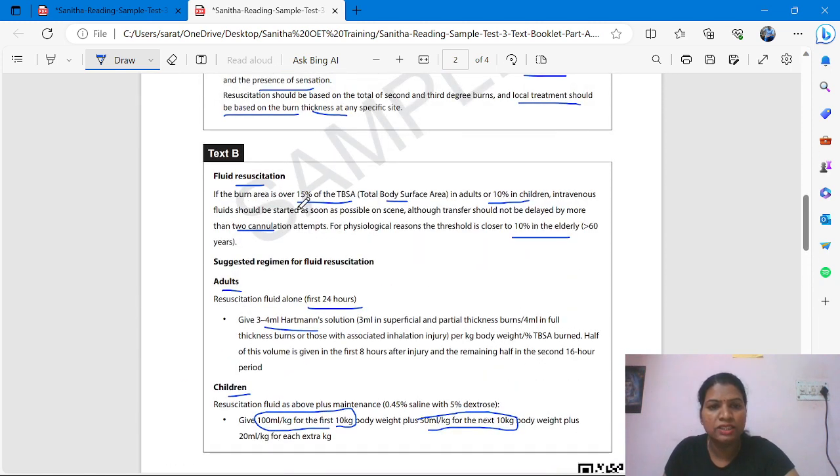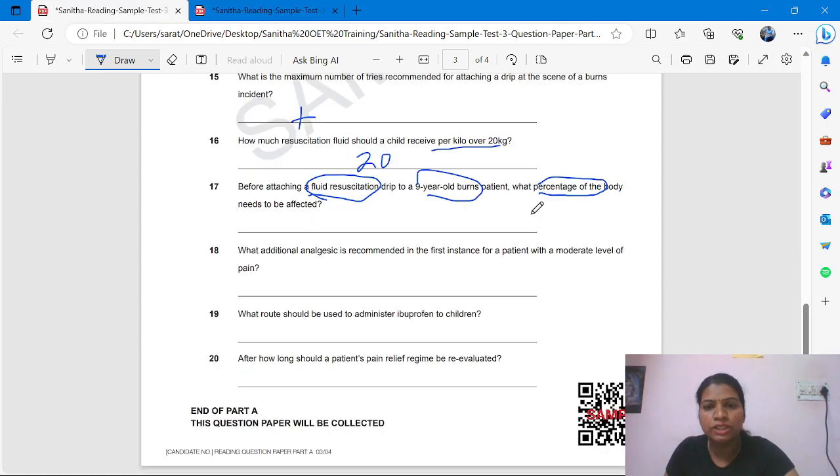If the burn area is over 15% of the total body surface area in adults, it is over 10% in children. What is the question they are asking? They have indirectly given children, but here they gave the age. Then what is the answer here? 10%. So read the question carefully. I repeat once more. Please read the question carefully.